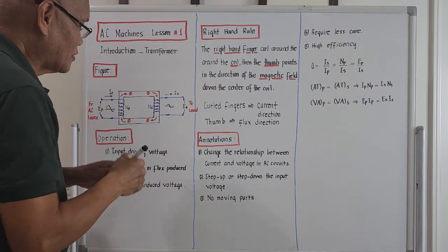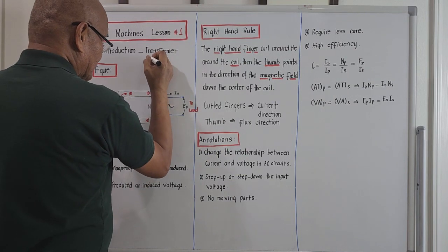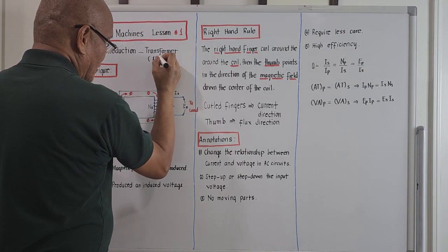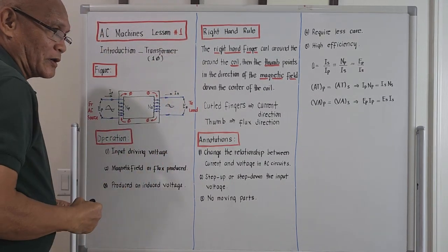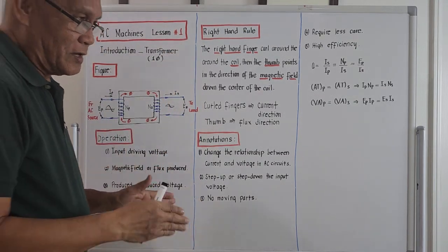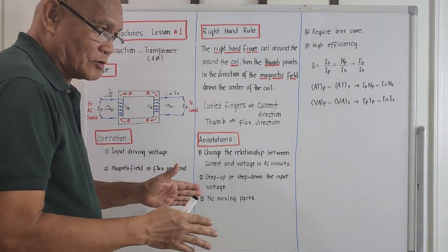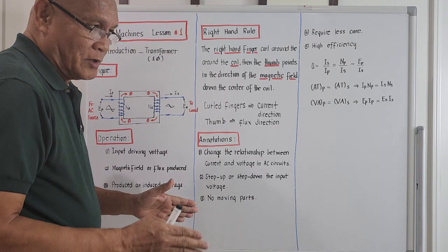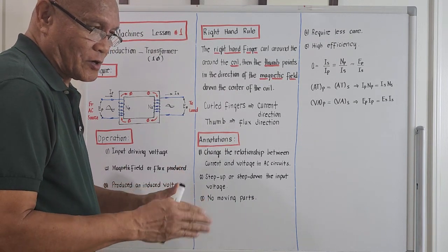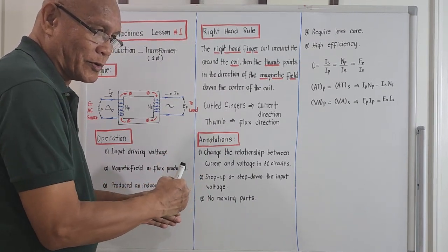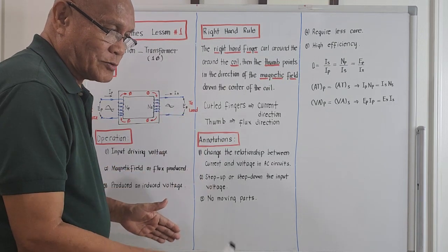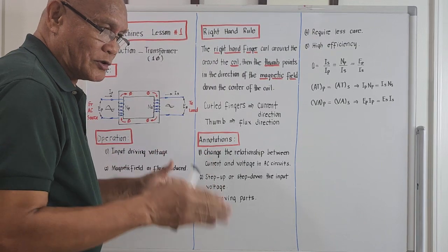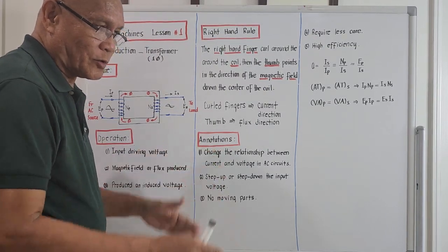For the meantime, it is just single phase, because later on, upon reaching the so-called three-phase transformer, that will be a different story. The basis of the three-phase transformer is actually the single-phase transformer. So we will discuss first the concepts and the computations involved under a single-phase transformer.